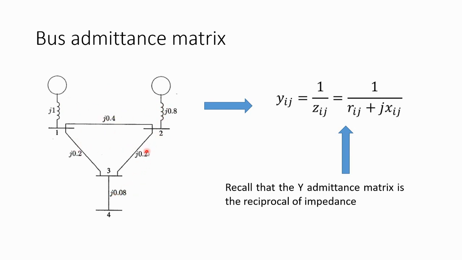However, if in your exercise you notice that the values of the resistance are given to you, you should include them in your total impedance value. In power system analysis, we want to convert our impedance into admittance by taking the inverse of the impedance. Impedance is given to us as Z. We take the inverse of Z and we get Y, which is our admittance.